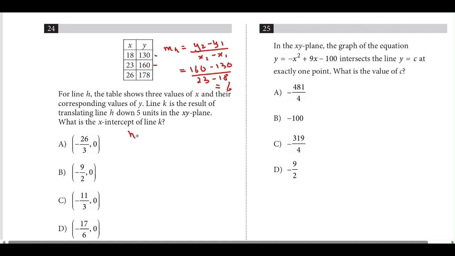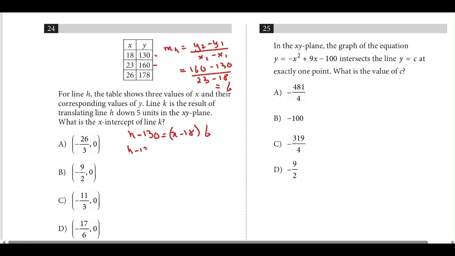I just need the equation. I can do h, which is y, but since the line is called h, let's say h instead of y. H minus 130 is equal to x minus 18 into the slope.